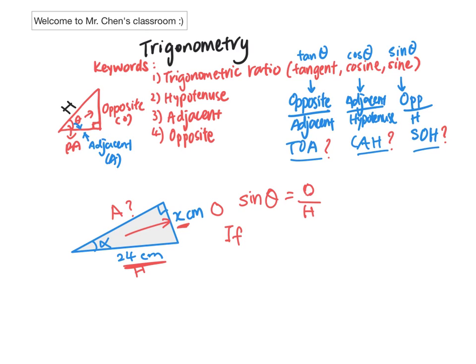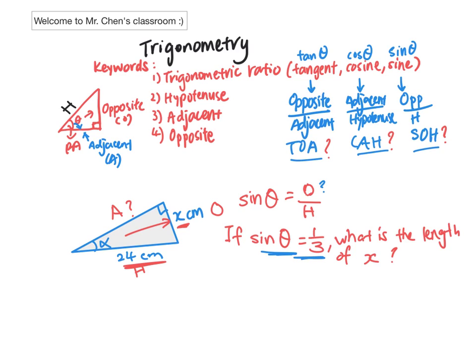The question here is asking: if sine theta is equal to 1/3, what is the length of x? As we know, the x here is referring to the opposite. We don't know what that is, that's what we're looking for. But we do know sine theta is equal to 1/3.